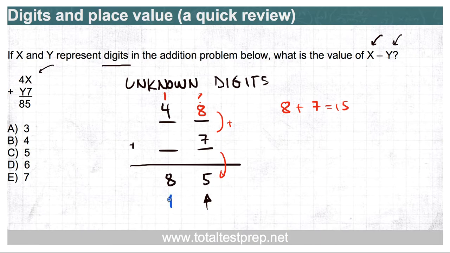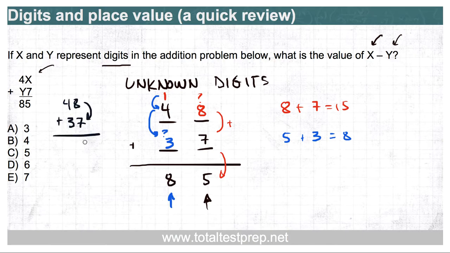Now we want to think about what number we need so that when we add 1 to 4 and get 5, and then add this mystery number, we get 8. So 5 plus what gives us 8, and it turns out that it's 3. Does that make sense? Let's double check: is 48 plus 37 equal to 85? 8 plus 7 is 15, carry the 1, 1 plus 4 plus 3 is 8.